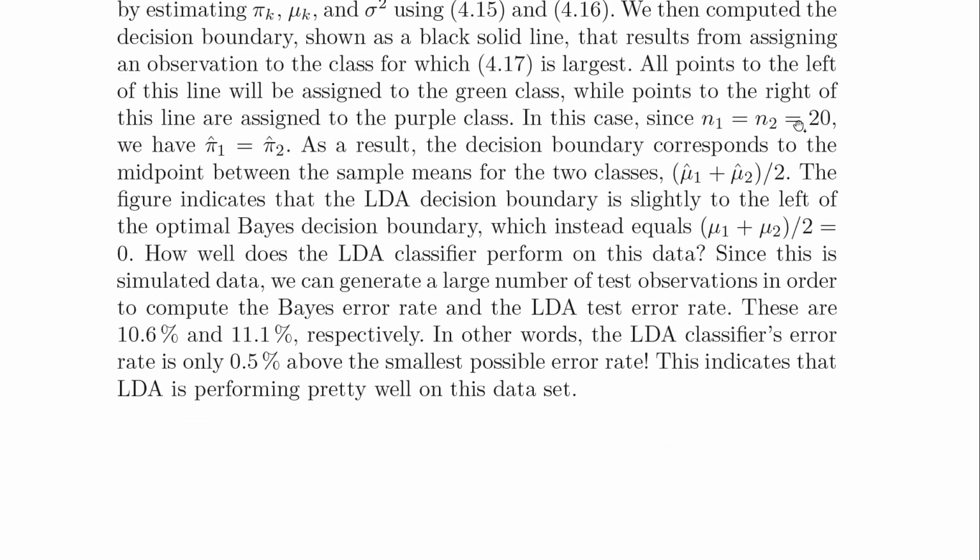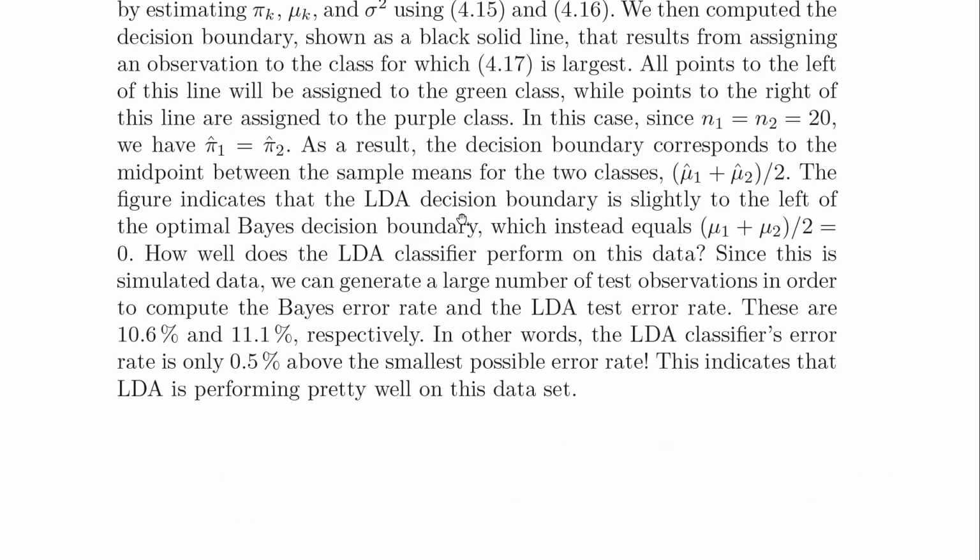In this case, n1 and n2 are both 20, so we have the same pi1. As a result, the decision boundary corresponds to the midpoint between the sample means for the two classes, which is very similar to what we had earlier in the theoretical version of what we're doing over here.